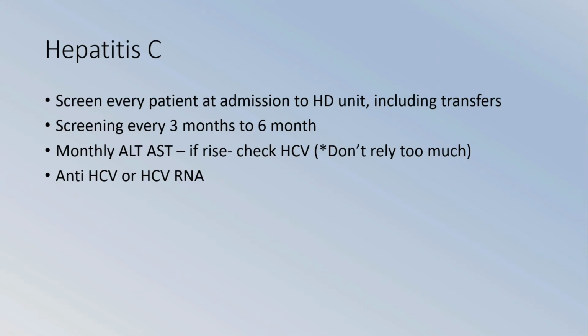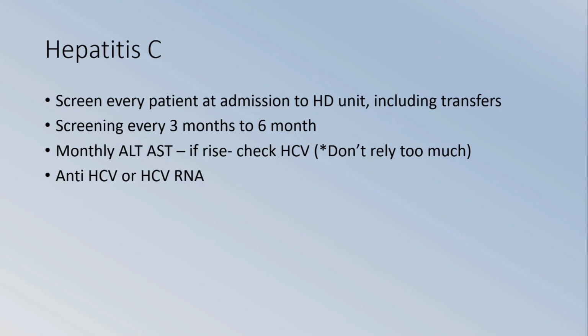Even though all of us are using third generation ELISA, the problem is that there are window periods, and sometimes you don't pick up, the kits are not good, and the cost has come down. HCV RNA testing kits or NAT testing kits, the cost is not huge. So I think the time has come that we move towards HCV RNA testing as a routine screening for hepatitis C, especially for transfers.